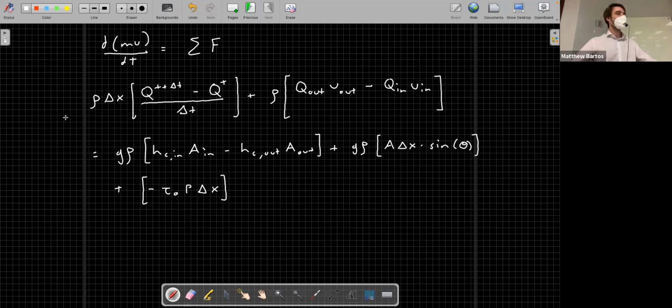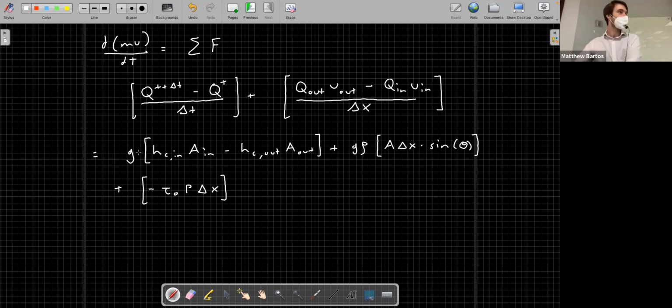Okay, so I'm going to divide by the density and delta x. And what we get if we do that, I'm just going to do it in place here to save some space. This goes away. This density here goes away. We have a delta x in the denominator. And this becomes g.